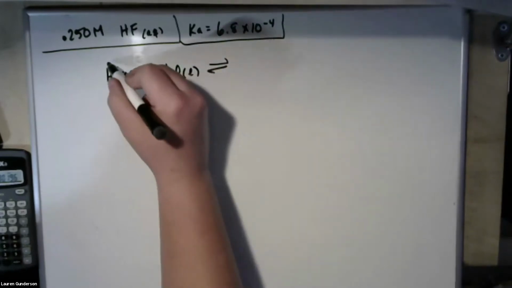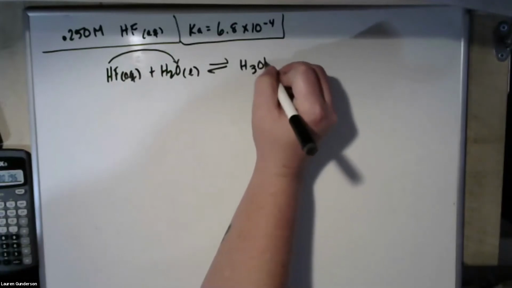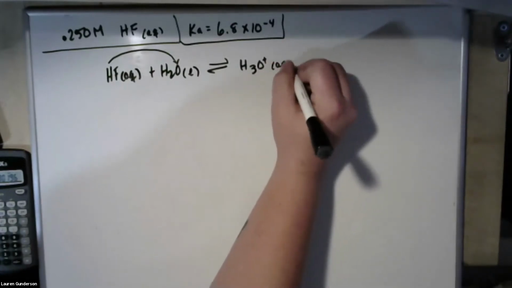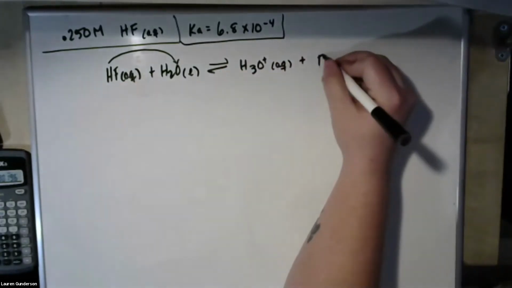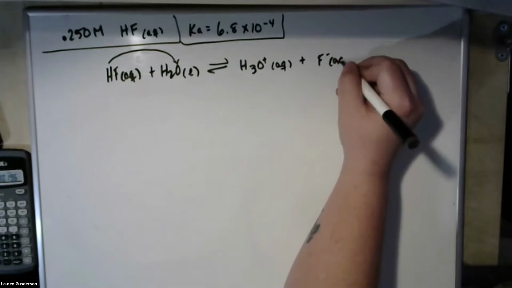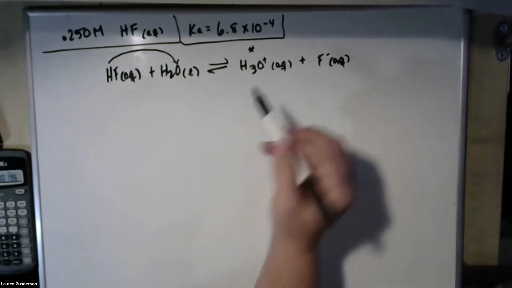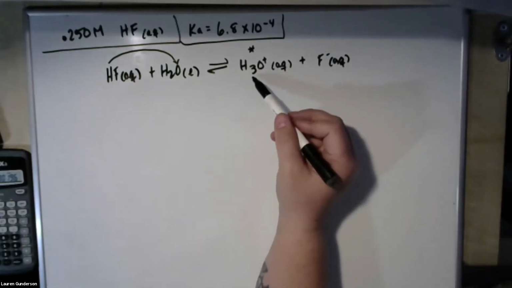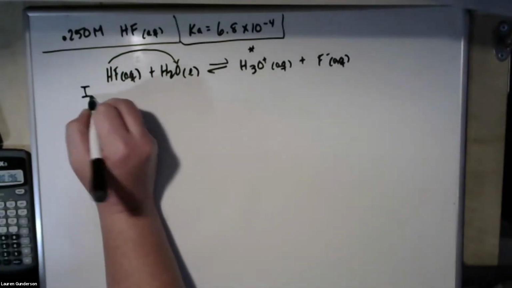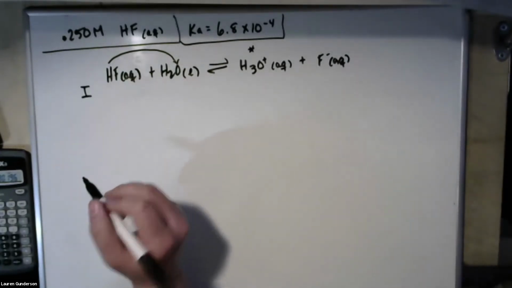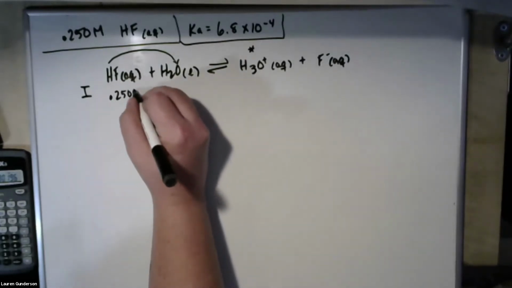And that's going to give us, again, our hydrogen is going to come over here, form H3O plus, and it's going to leave behind the fluoride ion. And again, this is like our star column, because this is the column that we need to solve for to figure out what the pH is. So we have our initial row, which is our 0.250 molar HF.